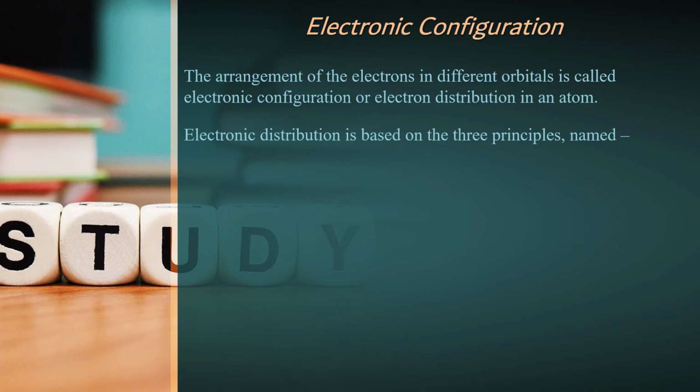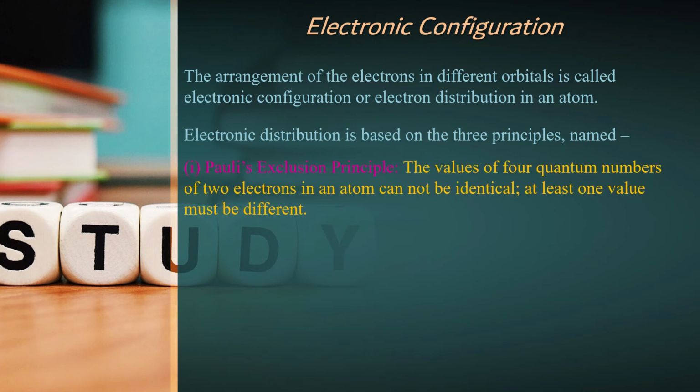These are Pauli's exclusion principle, which tells that any two electrons of an atom will have four different quantum numbers. That means the values of the four quantum numbers are not identical. At least one quantum number must be different.